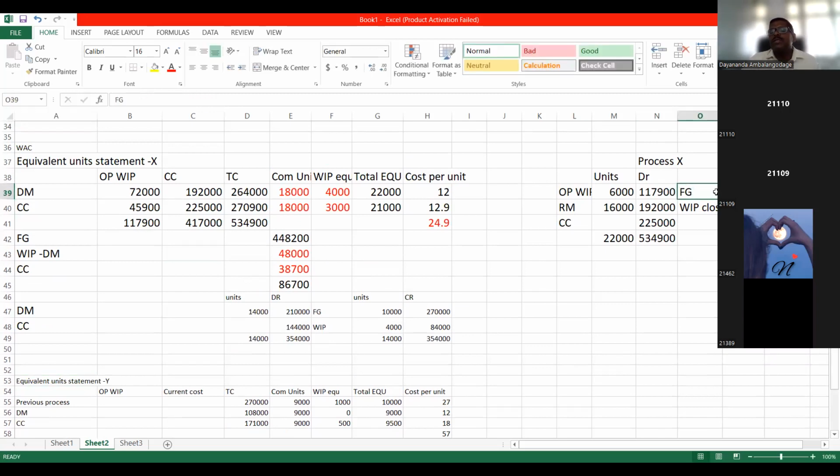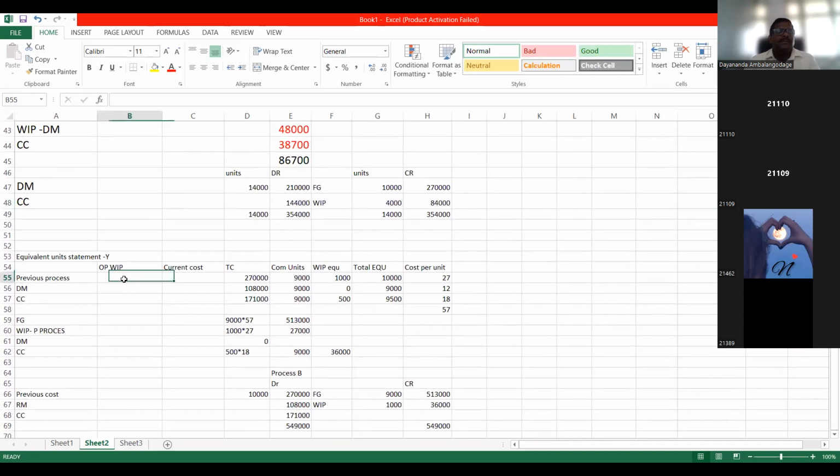Actually, these finished goods will be transferred to process Y, no? You are just transferring that to the Y process. You have to remember that. So thereby you are getting 448,200 from previous.